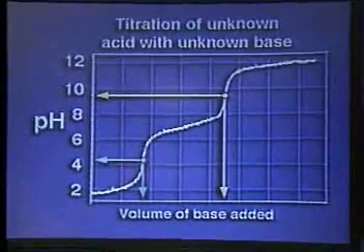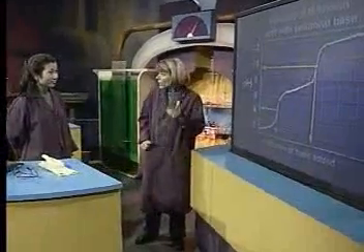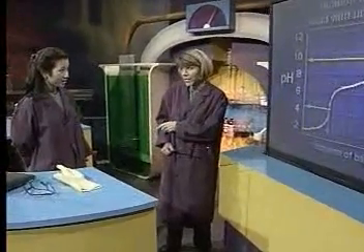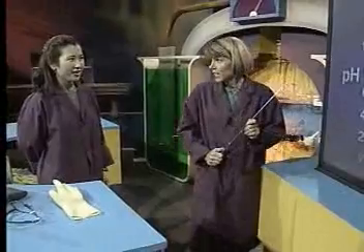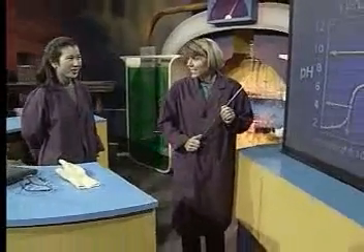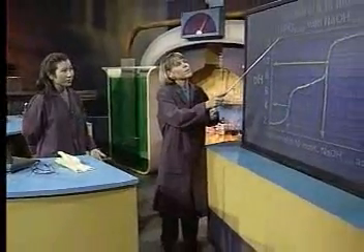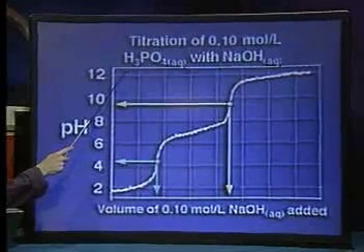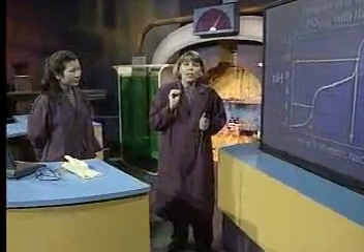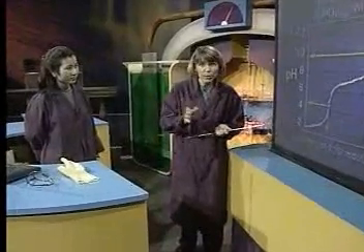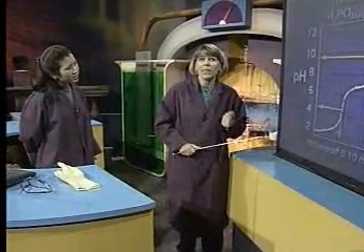Good. So now, I can tell you that the unknown acid is phosphoric acid, and the unknown base was sodium hydroxide. Okay. If it was phosphoric acid with 3 protons, why are there only 2 equivalence points on the graph? Well, good question. Now, the third acid with the third proton to be donated, hydrogen phosphate ion, is a weak acid, and the third step there is not quantitative.